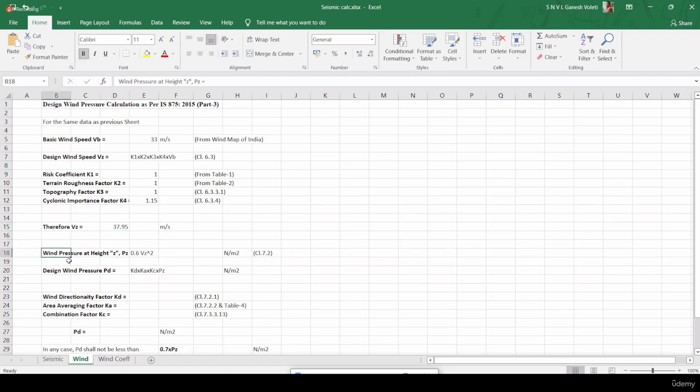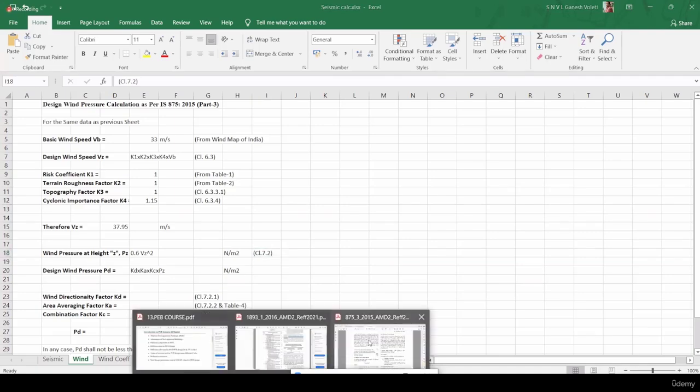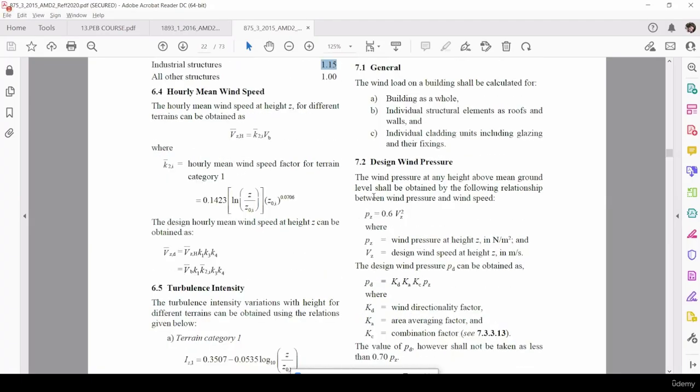Now we have to take the wind pressure at height Z, Pz. This value is given as 0.6 Vz square according to clause 7.2. To calculate the design wind pressure, we first have to know the wind pressure at a particular height or datum level.